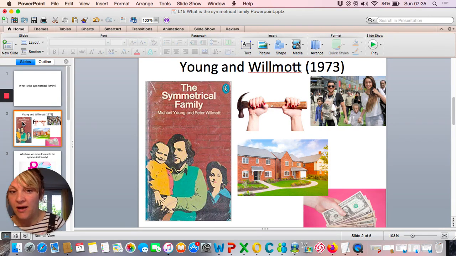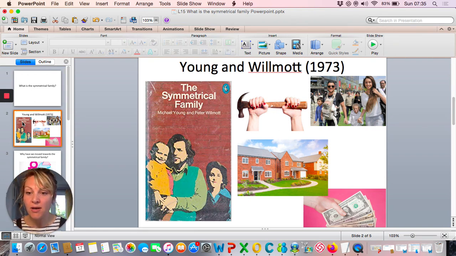One key finding by Wilmot and Young is that the roles of the husband and wife were less segregated or separate than they had been in the past. Whilst some segregation still did exist within the symmetrical family, they suggest that the relationship is opposite but similar.